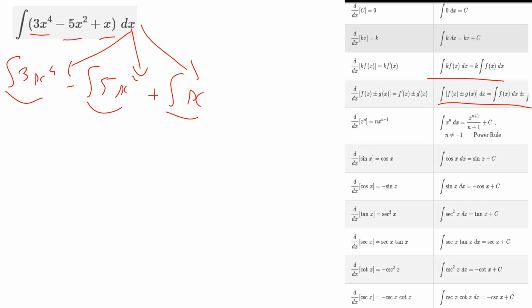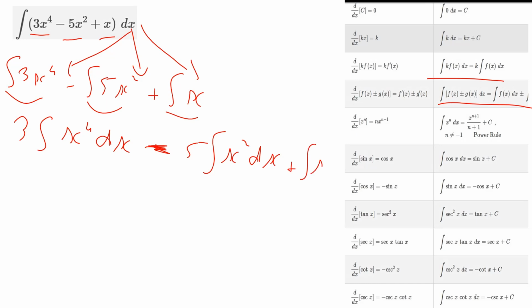So I can just write 3 integral of x to the fourth dx minus 5 integral of x squared dx plus integral of x dx.